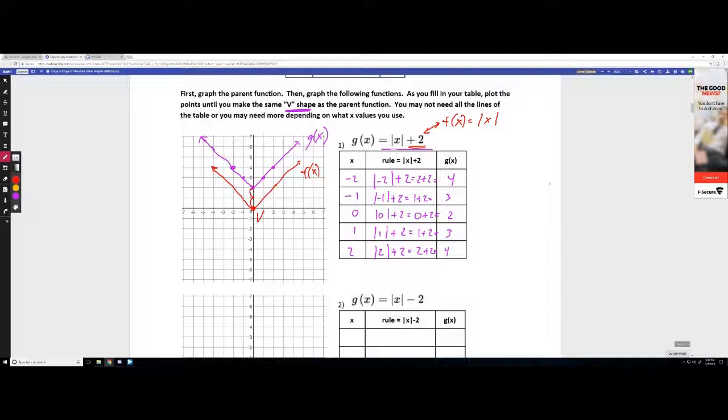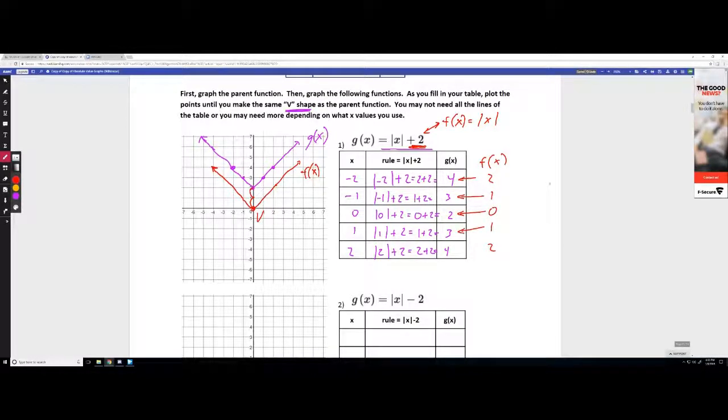If you were to graph the parent function, its outputs would have just been 2, 1, 0, 1, 2. But this plus 2 here increases the outputs of f of x by 2.